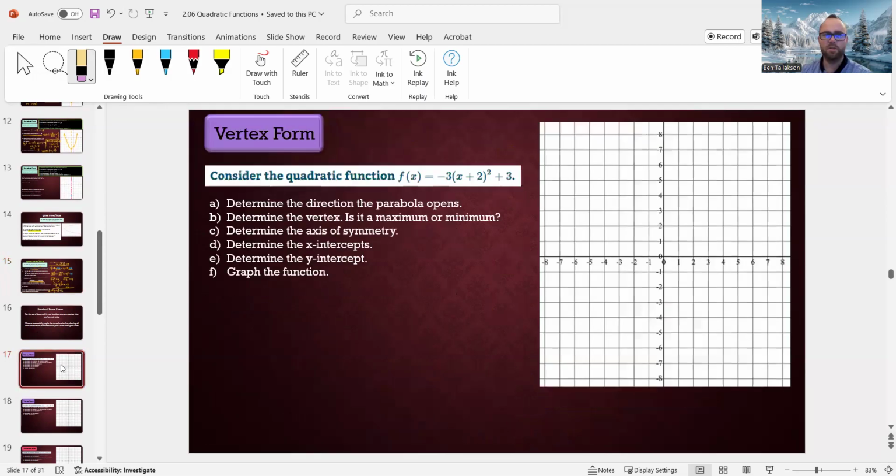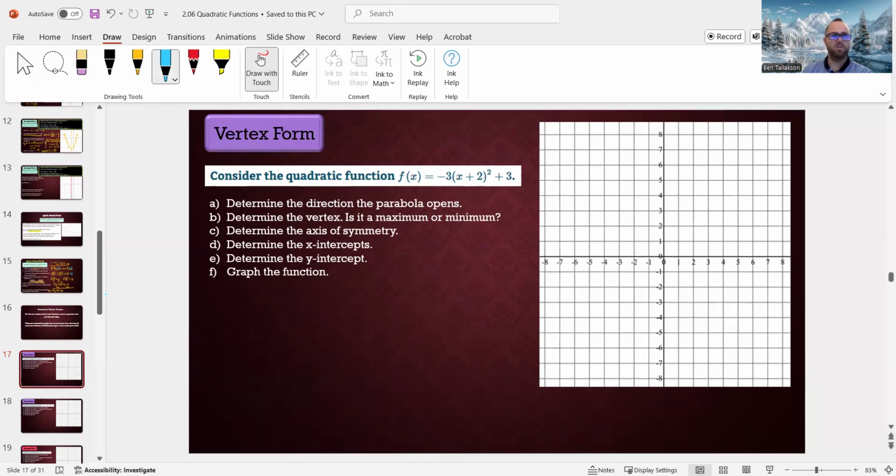Now we're just going to spend a little more time practicing. So for the rest of these, I'm suggesting you do exactly that. You pause it, take some time, try it, and check it.